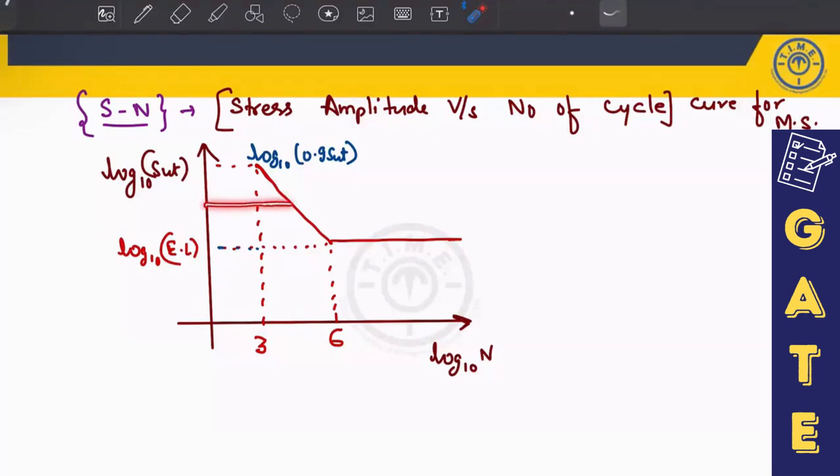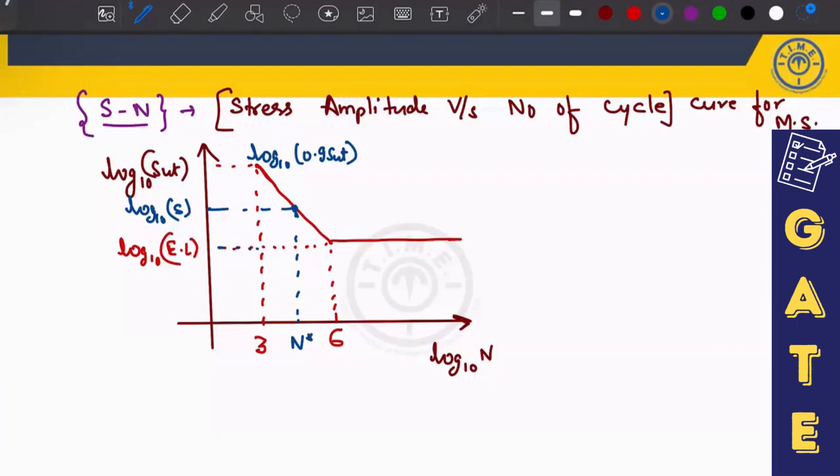That means one parameter they will give you, the y-axis or the x-axis, and the other you have to calculate. So let us suppose they have given the strength value at this point, the log of 10 of the strength value. Now they will ask how many cycles it can resist. That means you have to calculate the n star value.